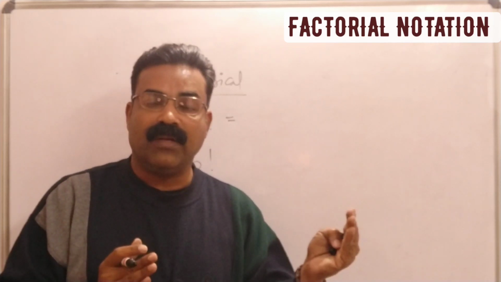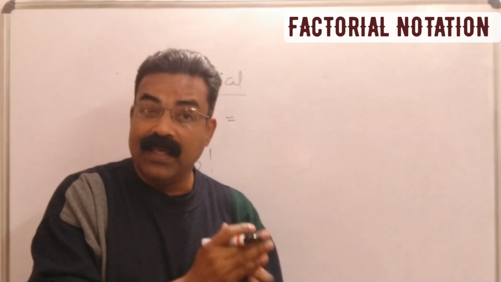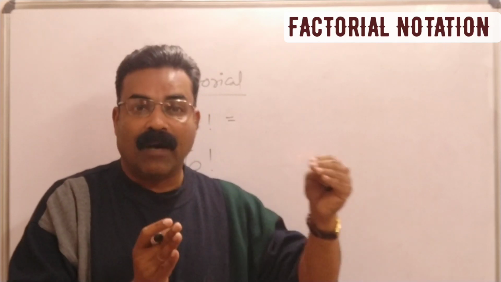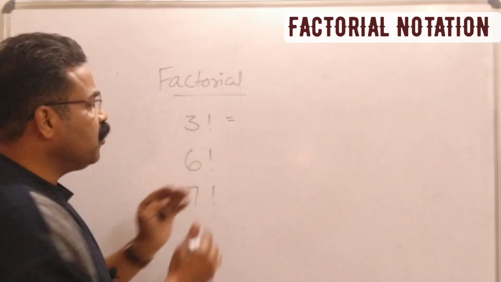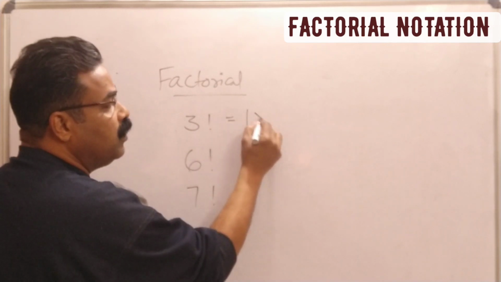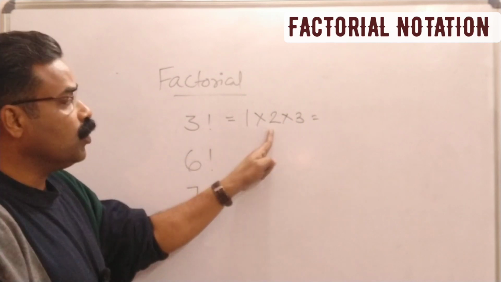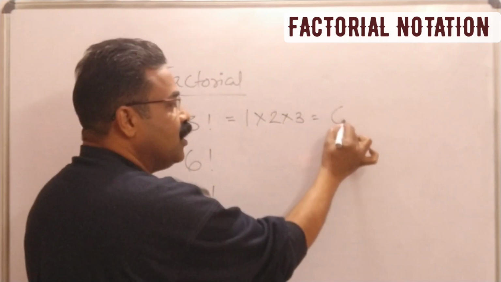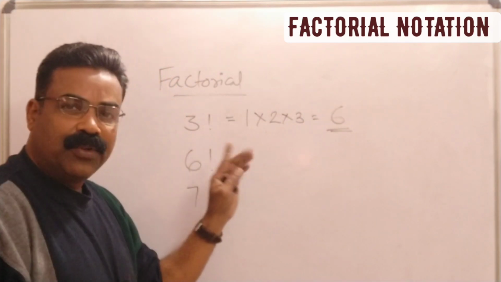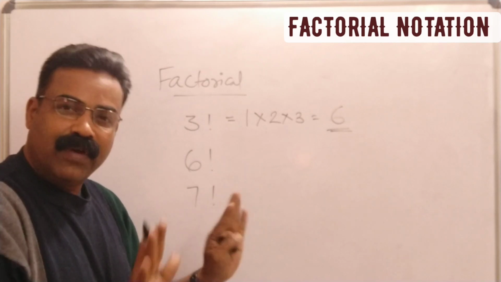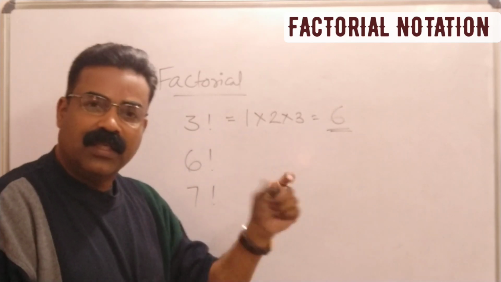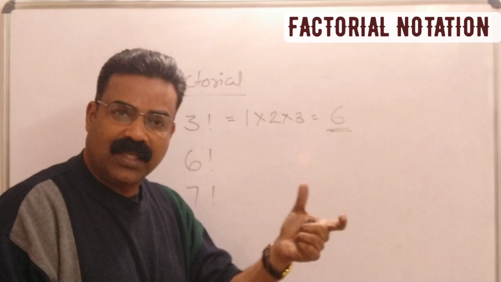So 3 factorial means we have to multiply 1 into 2 into 3. 1 into 2 is 2, 2 into 3 is 6. So the value of 3 factorial is 6.